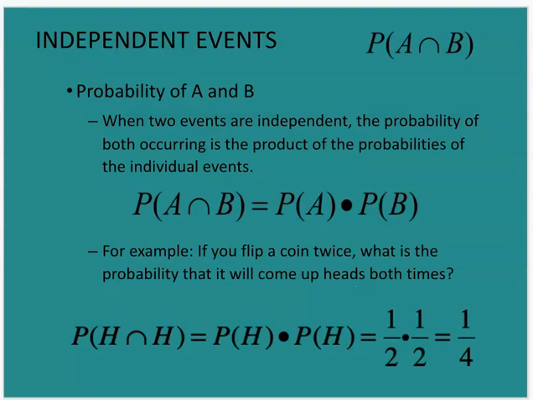Remember, an independent event is where the outcome of the first one does not affect the outcome of the second one. So if you flip a fair coin twice, what's the probability that it will come up heads both times? That would be 1/2 times 1/2, which is 1/4.